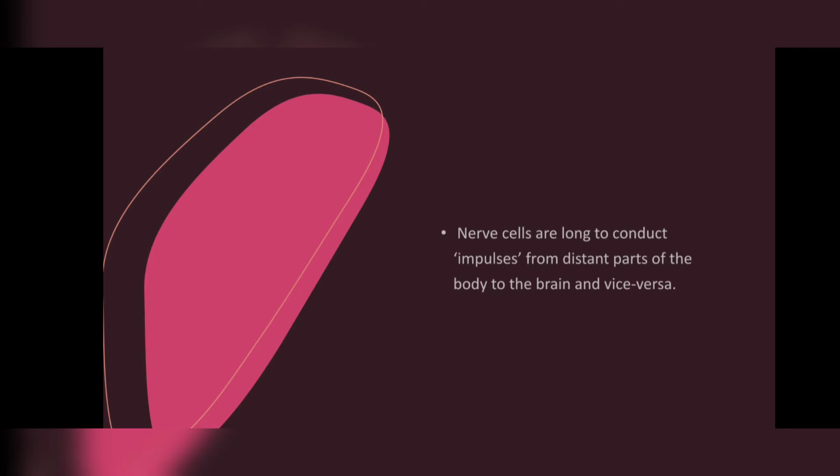How? The hot impulse went from our fingertip to the brain, and then the brain instructed us to pull our finger back. That message the nerves carried was the impulse.